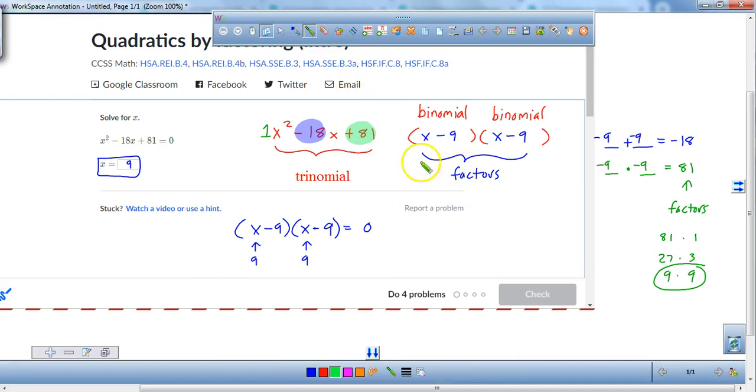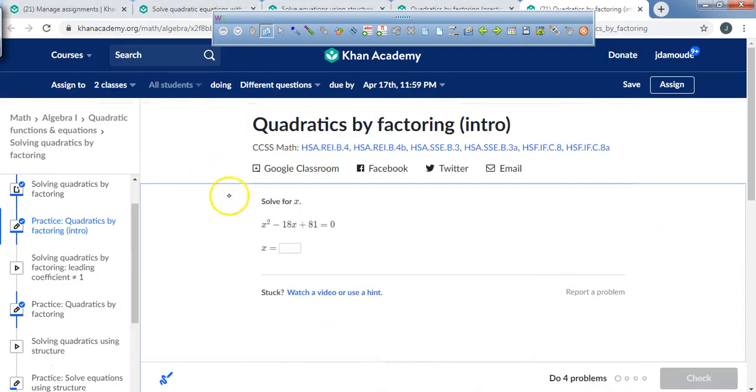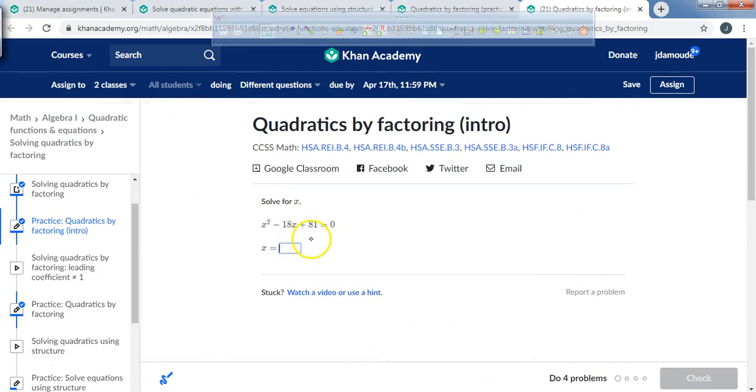So we ended up with two factors. One of our factors was x minus 9. The other factor was x minus 9. And they multiply together to equal this. What number minus 9 equals 0? A positive 9. So, our first answer, we're just going to type in 9.